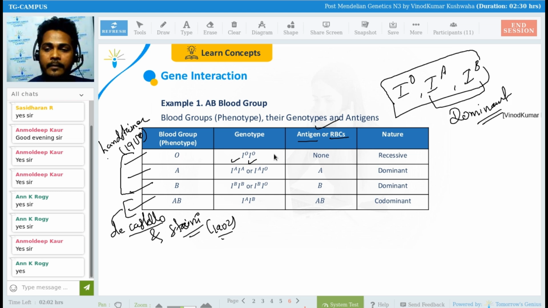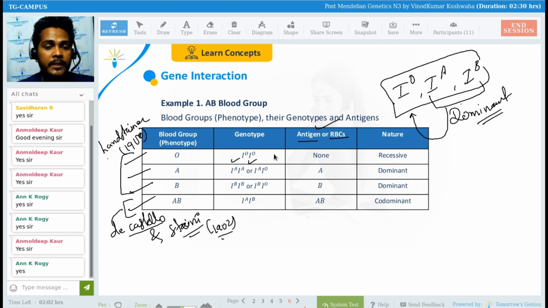They both are dominant to whom? To IO. They are dominant to IO, but they are themselves co-dominant. Sometimes they are co-dominant, and sometimes they are dominant to IO.